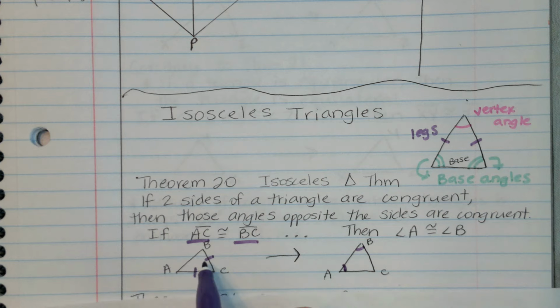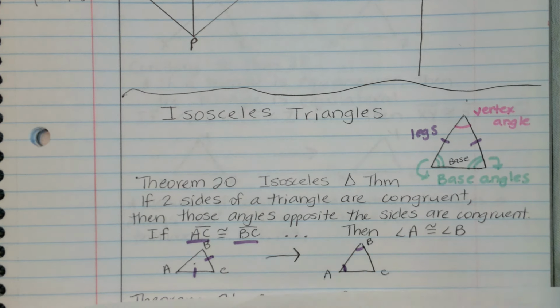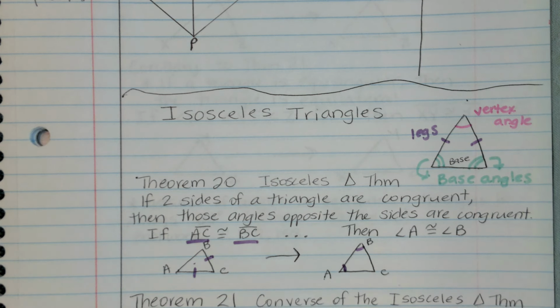Okay, so it's always the angles which are opposite from the sides. So you can see how opposite from that one is A, and opposite from that one is B, whereas C, right here at C, would be the vertex angle. It's the one that's not congruent. And you can see right here, C is the one that's not congruent. So pause if you need to, otherwise I'm going to move on.